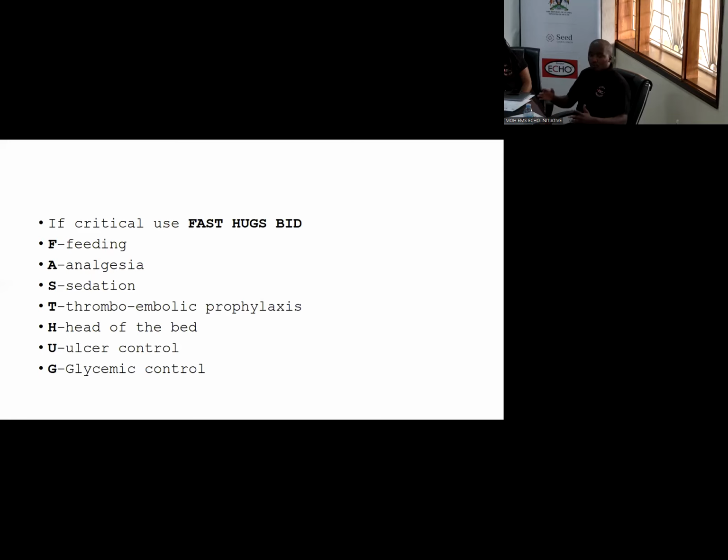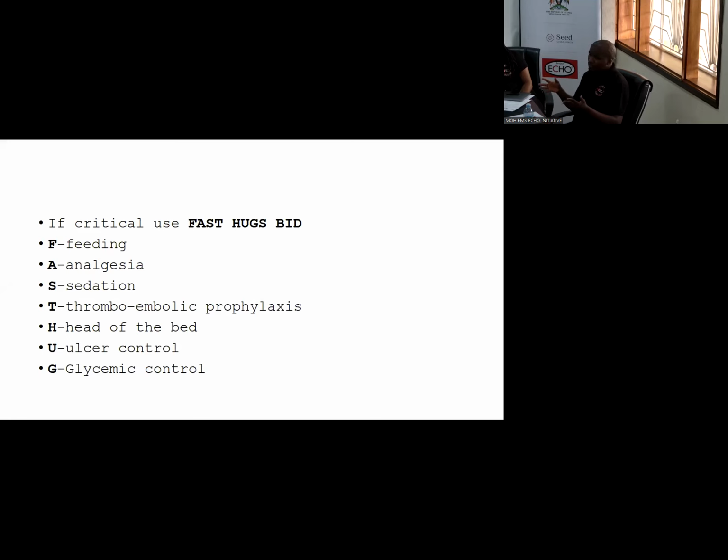So we need to control both. For stress ulcers, we give a PPI, and for bed sores, we ensure that we are turning the patients every 2 hours. If that's not possible, let's ensure we get pressure mattresses for them. That's all for ulcer control.